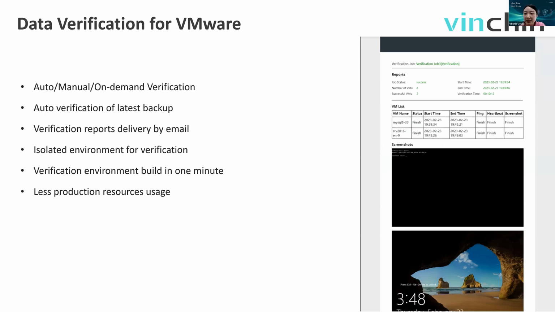And next, I'd like to introduce you to the function of backup data verification. Vinchin supports the data verification for VMware to test the availability of backup data. The basic principle is that firstly, add an isolated verification lab by creating a lightweight gateway proxy and set up an isolated network in this lab to imitate the real production environment.